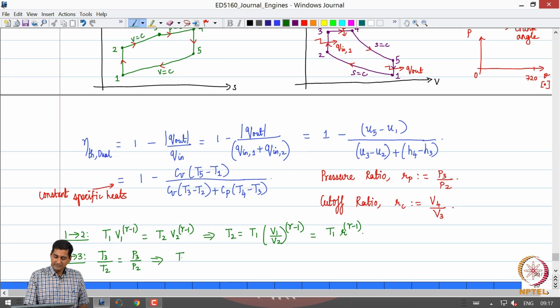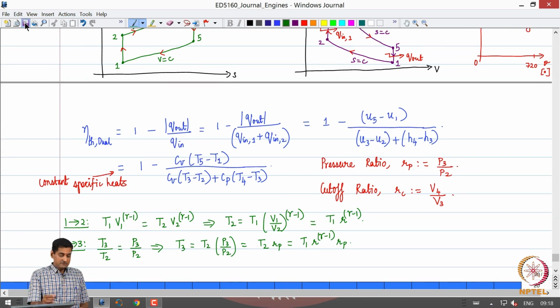So, this will give me T3 equals T2 times P3 by P2. What is P3 by P2? Rp. And then I substitute for T2, I am going to get T1 R power gamma minus 1 times Rp, right. Okay. So, that is the second process.